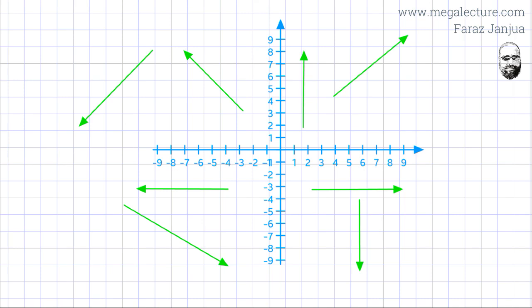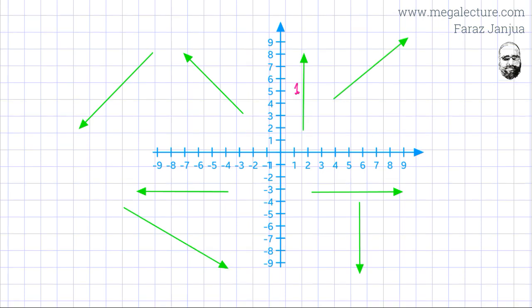Let's start from the simple one, the horizontal and vertical vectors. This one, let's name it 1. The 1 has all its power towards the positive y-axis. Its y component is positive and its x component will be 0, because it has no part towards right or towards left.